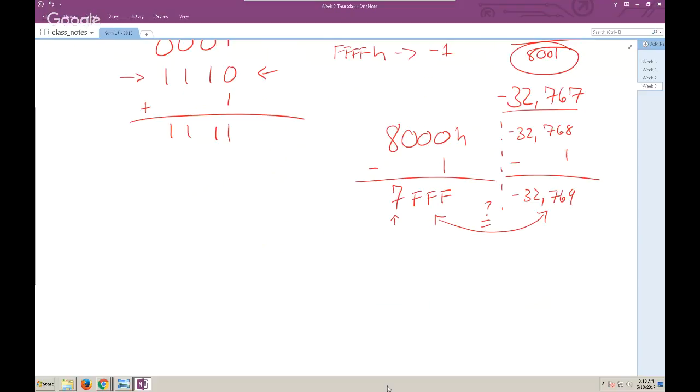Right? Likewise, and we'll give names to these in just a minute, what happens if we did something like FFFF plus 1, assuming the constraint to 16-bit still? What is the result?